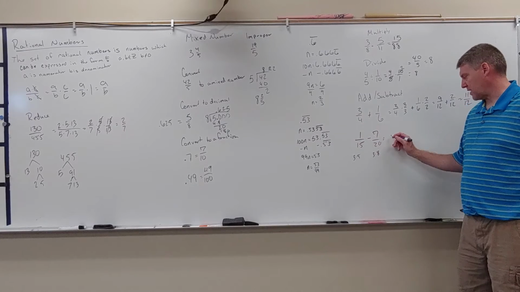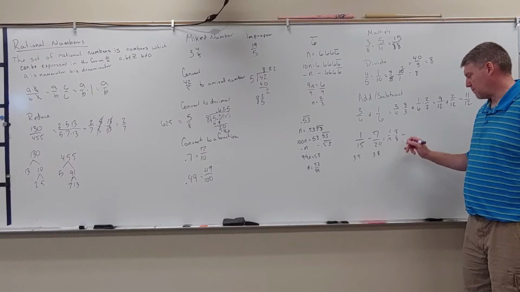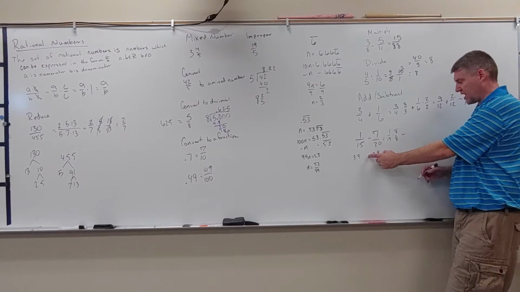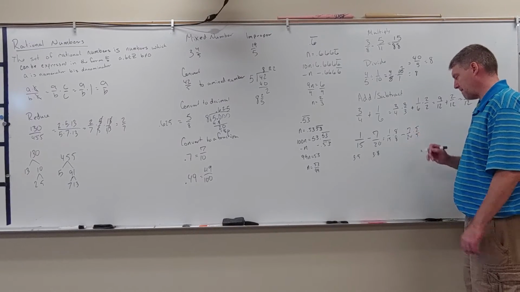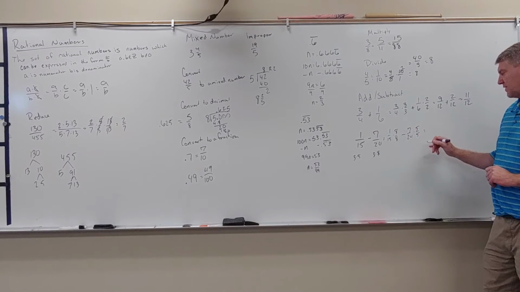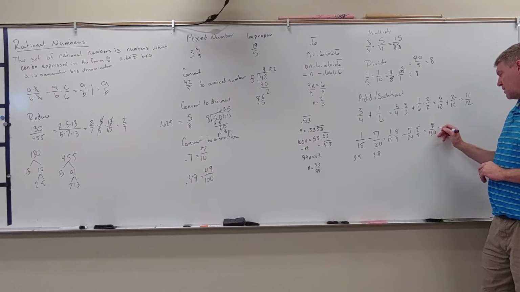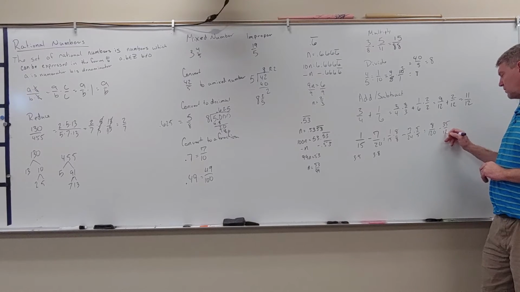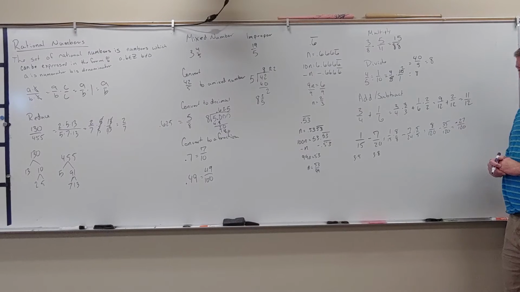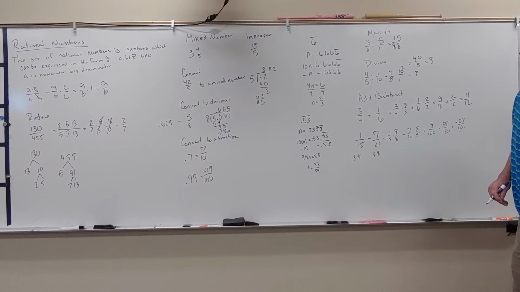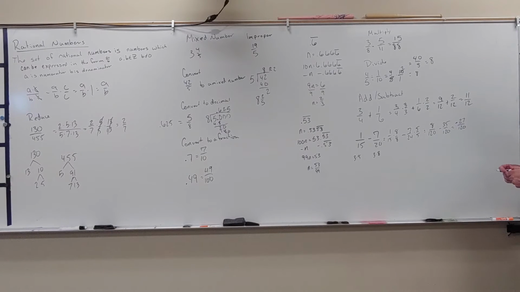So I have 1/15 times 8 over 8 minus, now this one's missing the 5, so 7/24 times 5 over 5. Okay, so that's going to give me 8 over 120 minus 35 over 120, which is going to give me negative 27 over 120.